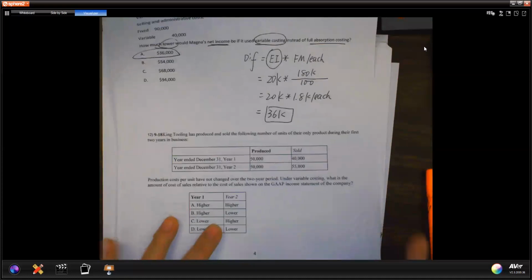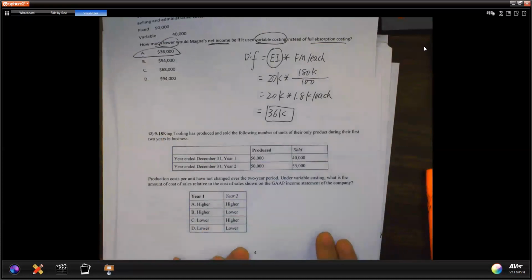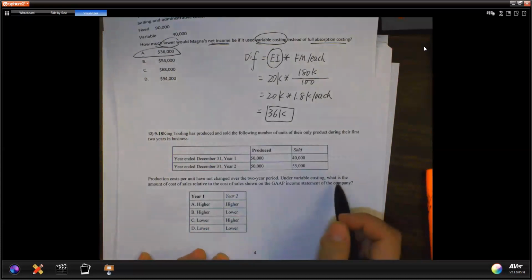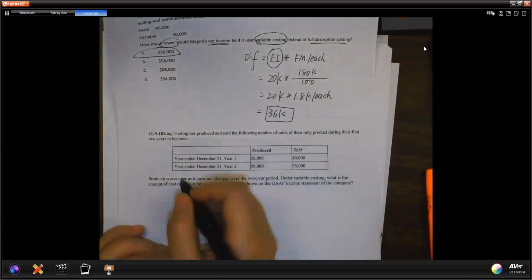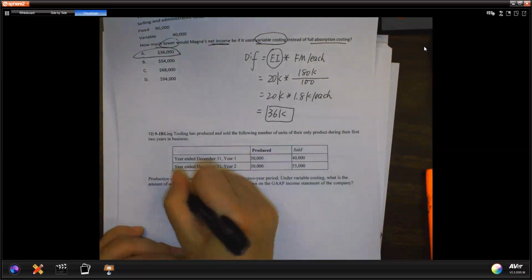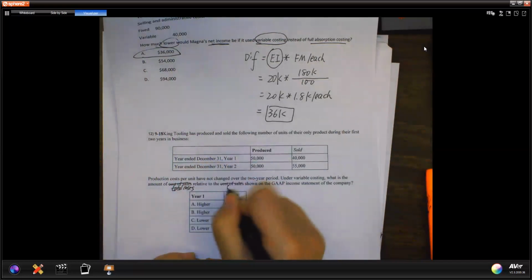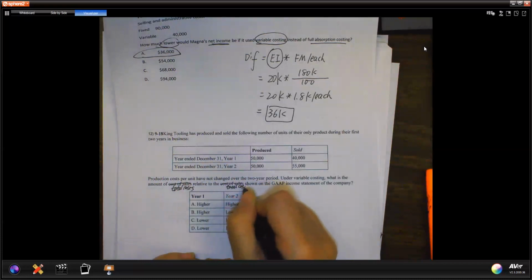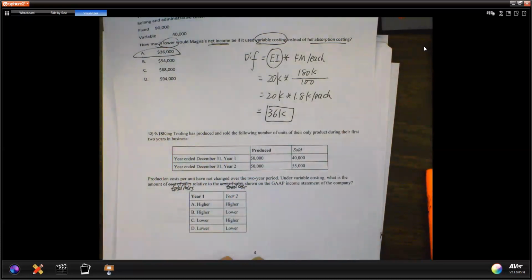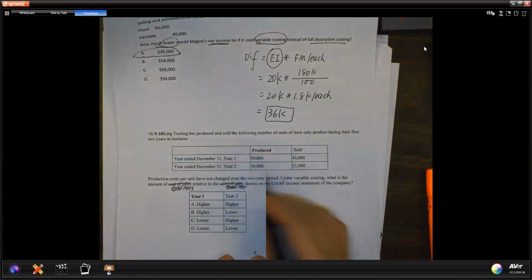Okay, next one, I want to change the question. Actually, I thought about this. I want to change what is the amount of your total cost. What's the amount of your total cost? Okay, so the first thing is that you have year one, you have year two.